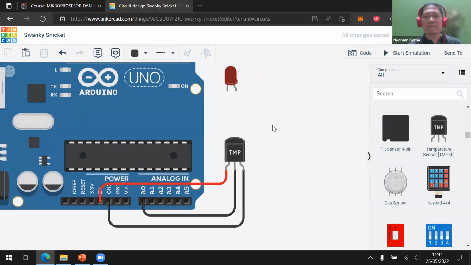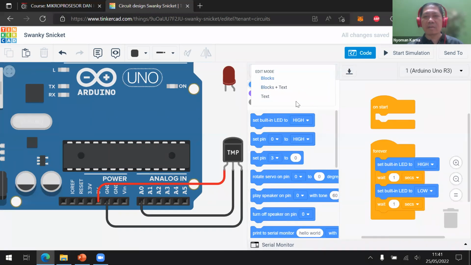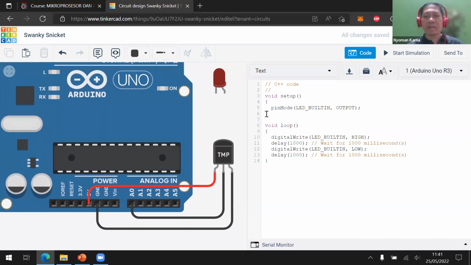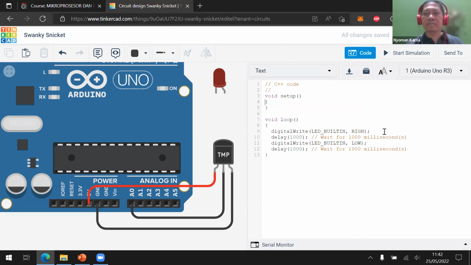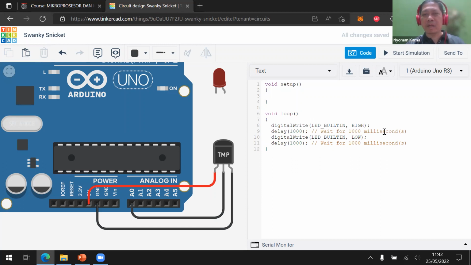Okay, now let's try to create our code. First, we don't need to set up the pin mode right now. Or perhaps we need the Serial.begin 9600, for example.